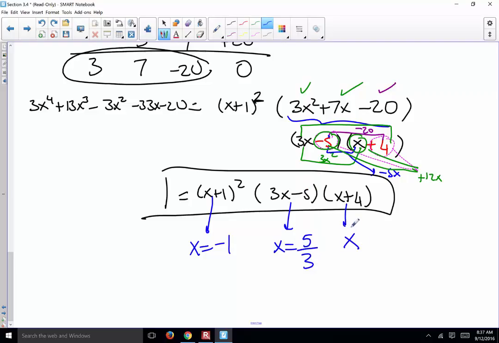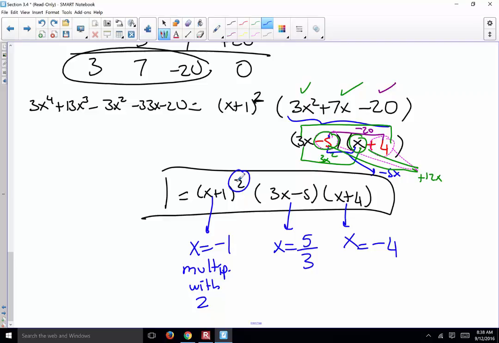And that one is minus 4. There are 3 zeros, but this one has multiplicity 2. It showed up twice. So in total there are 4 zeros, but 2 of them match.